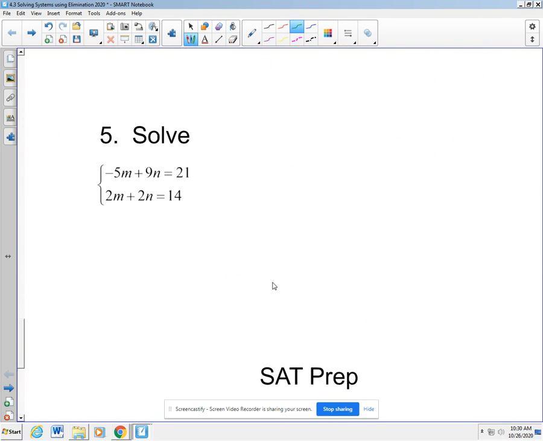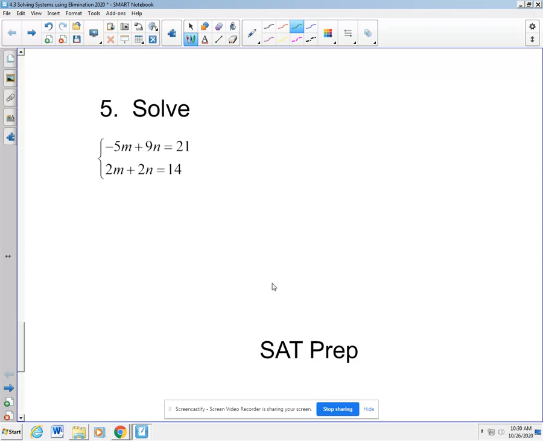And we'll finish the lesson with example number 5, which is the toughest one. How is example number 5 different? We have to actually multiply both equations by some constants in order to eliminate x or y. I will try to eliminate m as a variable because they have opposite signs.